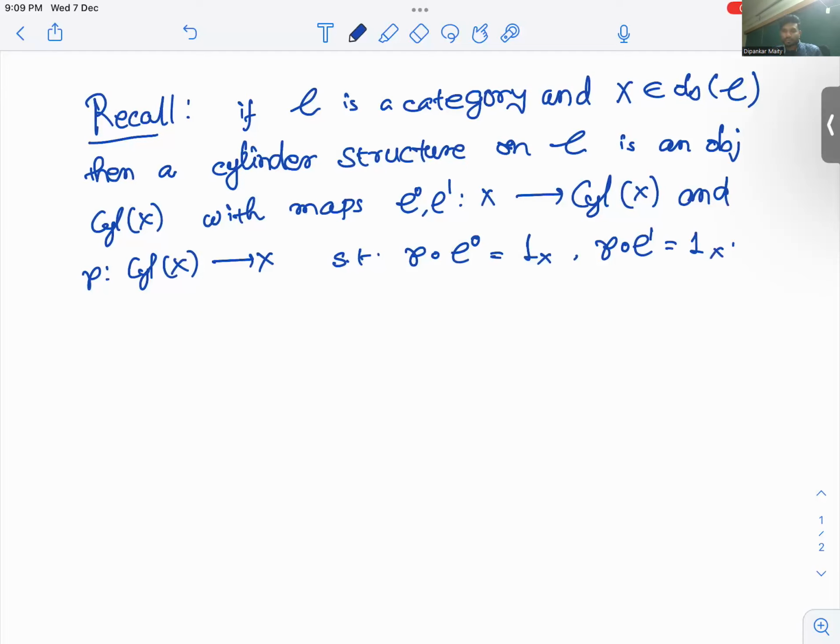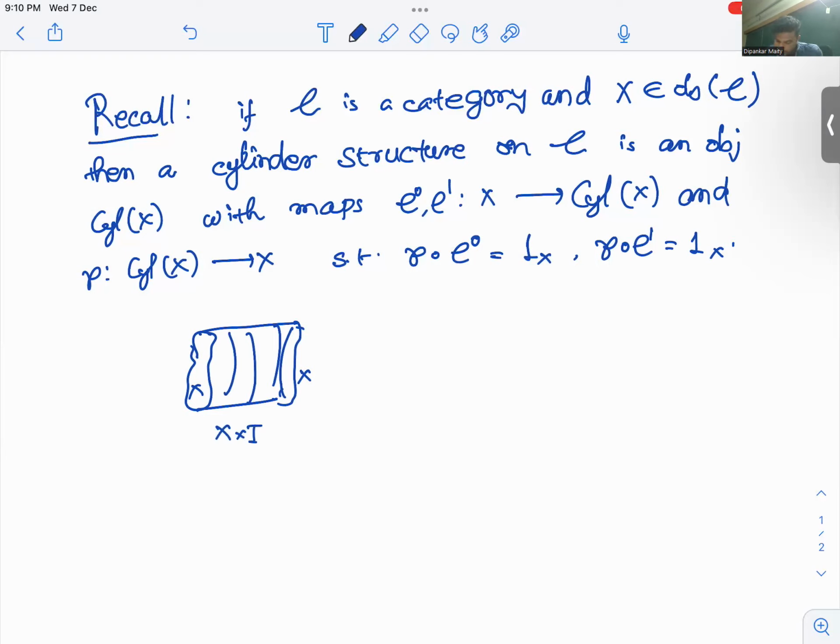So the idea here was that we are trying to mimic the situation for topological spaces. If X is a topological space, then the cylinder on X is X cross I. So if this is X, then this is X cross I, the topological cylinder.